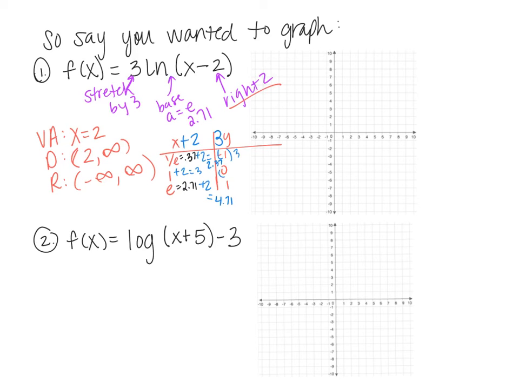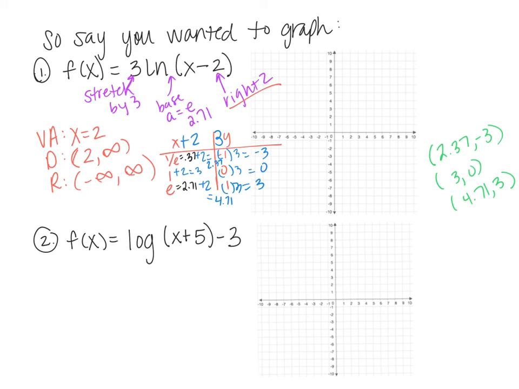Multiplying by 3 on my y's gives me -3, 0, and 3. So my ordered pairs end up being (2.37, -3), (3, 0), and (4.71, 3).